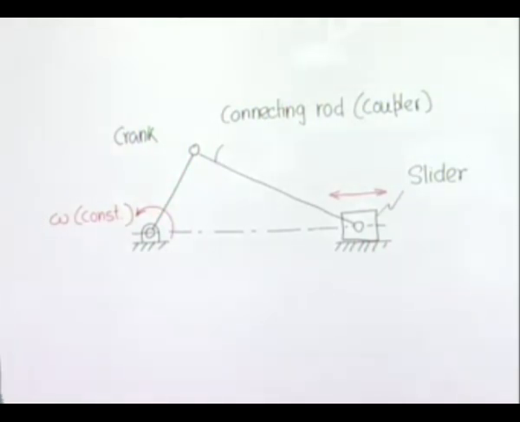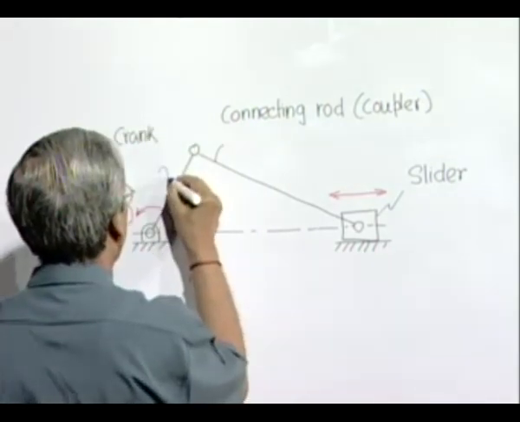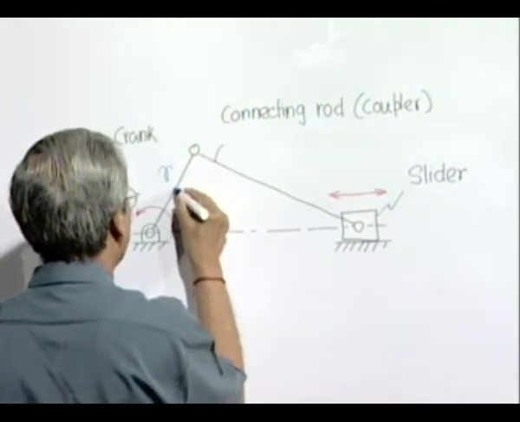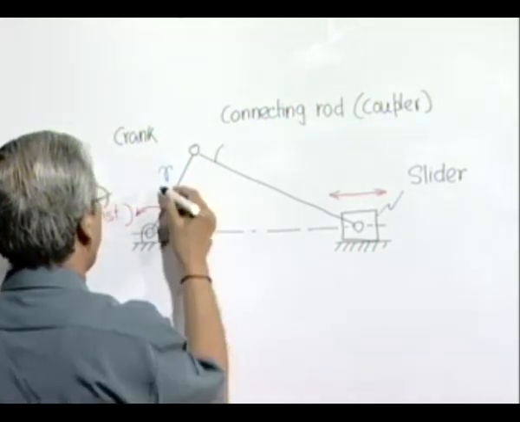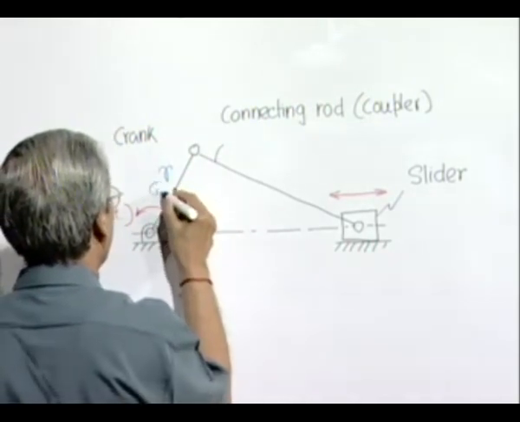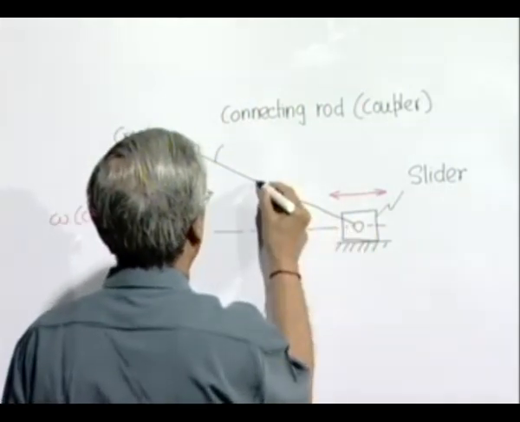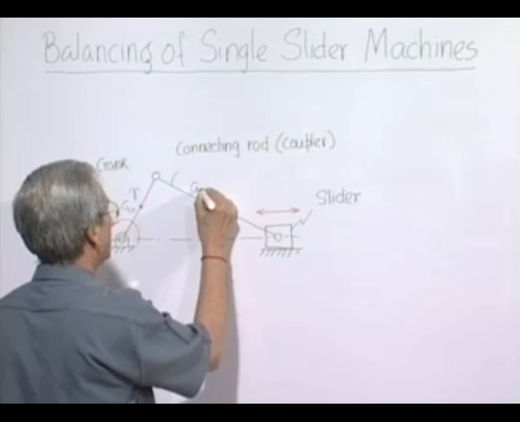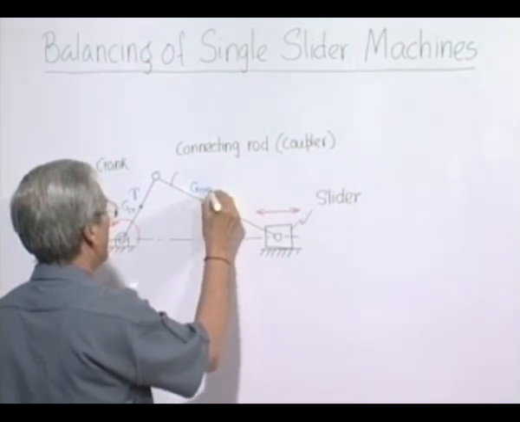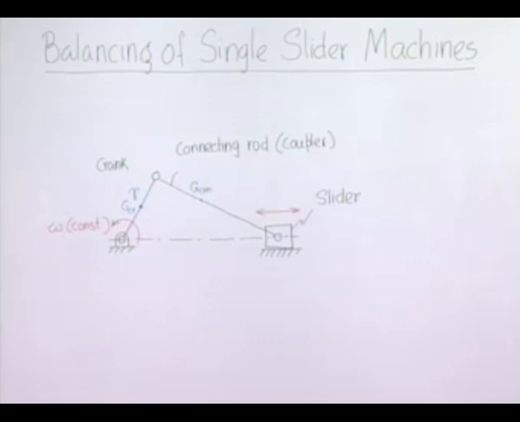Here the dimensions normally are such as we have shown. Say the crank radius is r, and the CG of the crank is, say, here. The connecting rod, its center of mass is somewhere here, and of course, the center of mass of the slider is here.